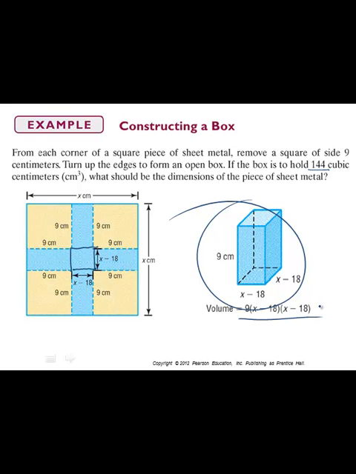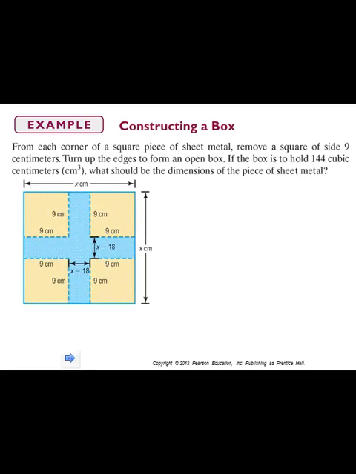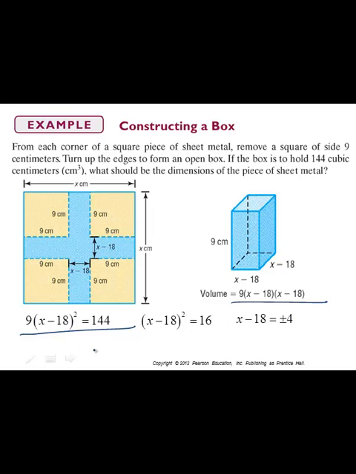So we'll set this volume equal to 144 and solve for x. We could solve this equation by dividing both sides by 9. 144 divided by 9 is 16. And then use your favorite method from here.